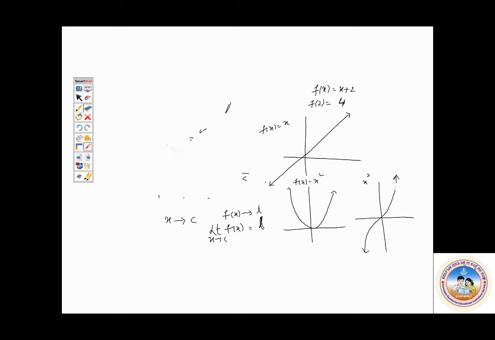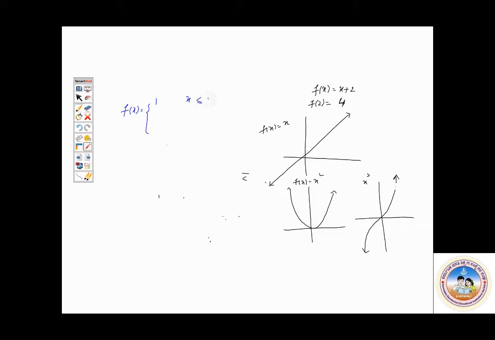If I define a function as f of x equals 1 when x is less than or equal to 1, 2 when x is greater than 1.